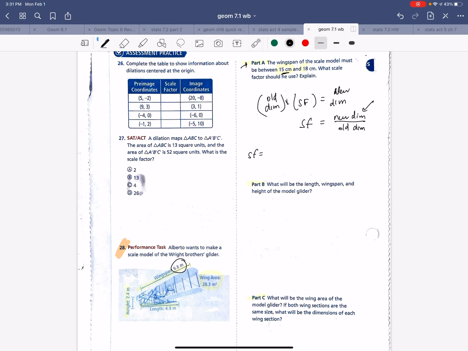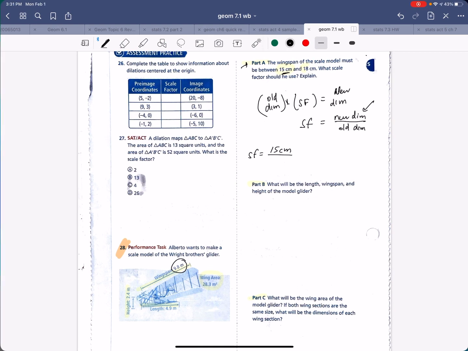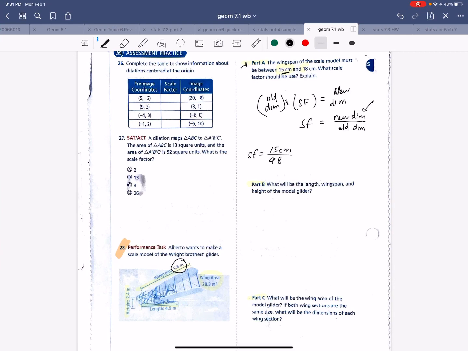Our new dimension is actually the smaller 15 centimeters, and our old dimension for wingspan is 9.8, and that's in meters. So we can put centimeters over centimeters: 15 divided by 9,800.